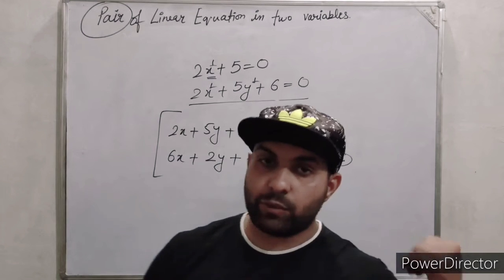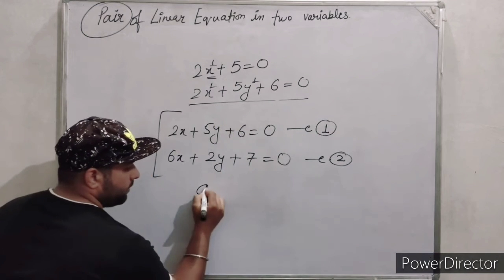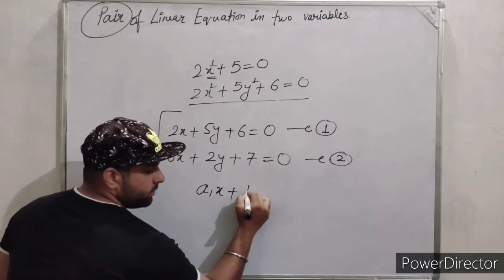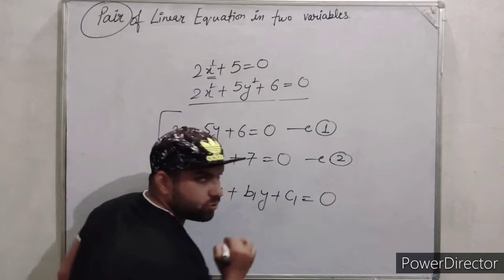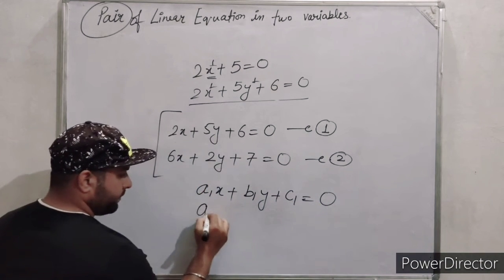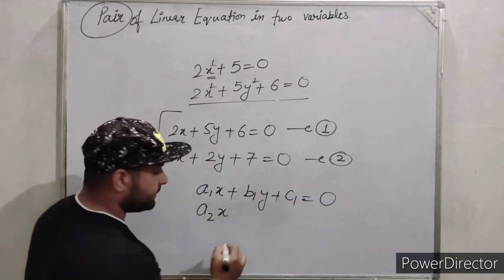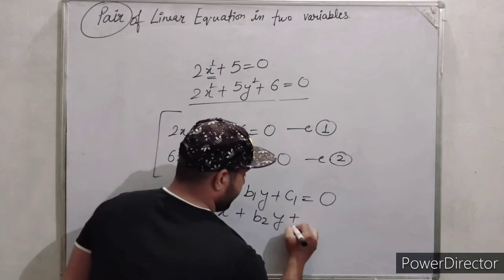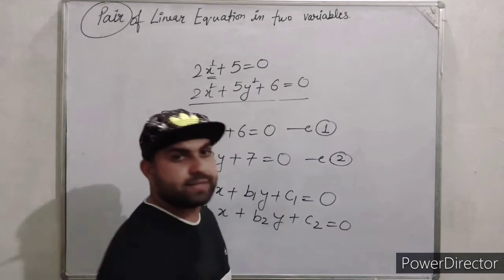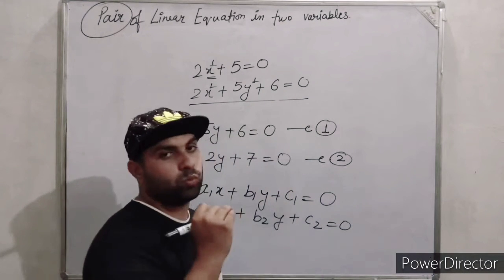The general form of these equations are a1x plus b1y plus c1 is equals to 0, and a2x plus b2y plus c2 is equal to 0.